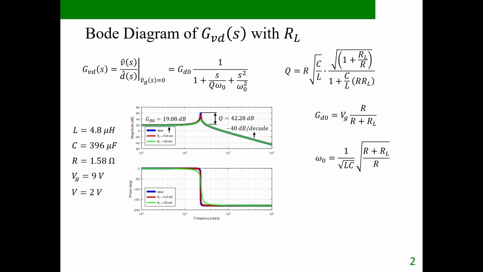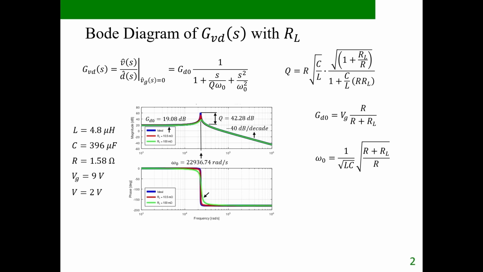This is characteristic of a double pole. The resonant frequency for the ideal case is around 22.9 kiloradians per second. A phase drop approaching minus 180 degrees around the resonant frequency. This is the feature that makes voltage mode control challenging.